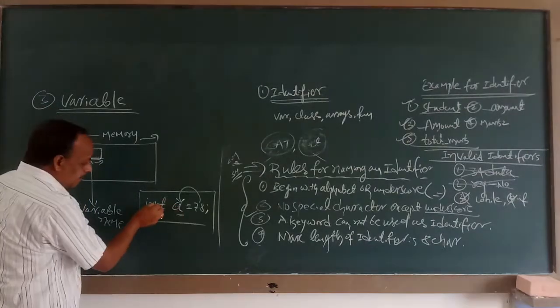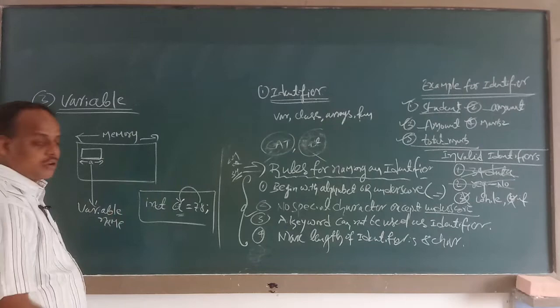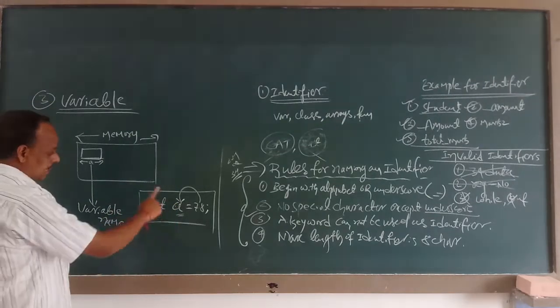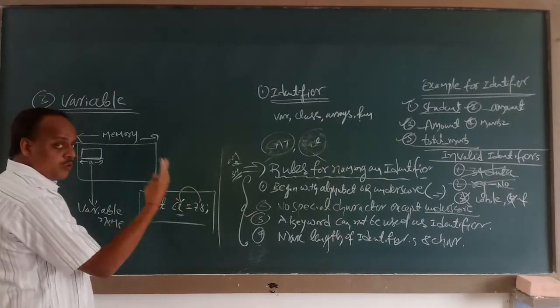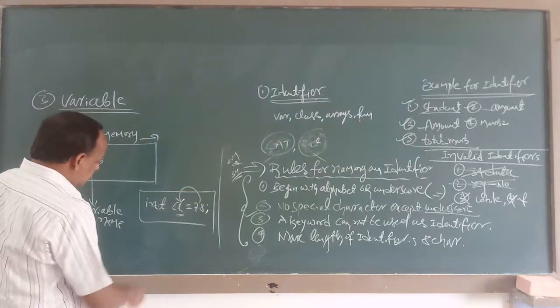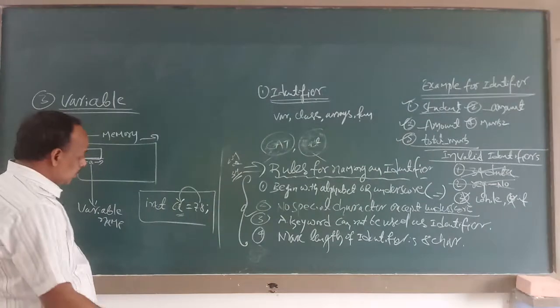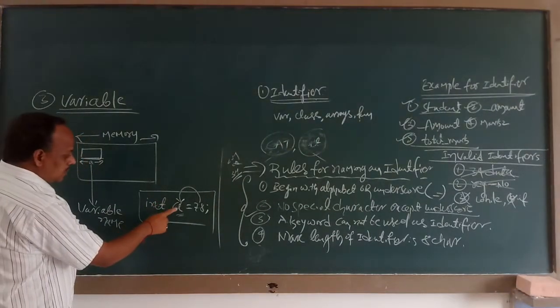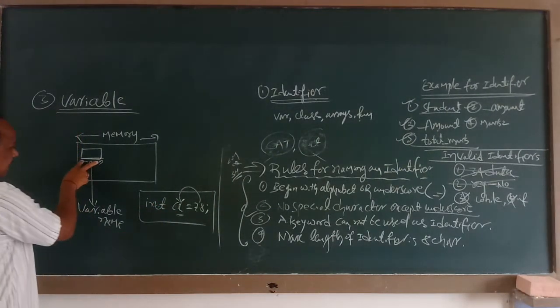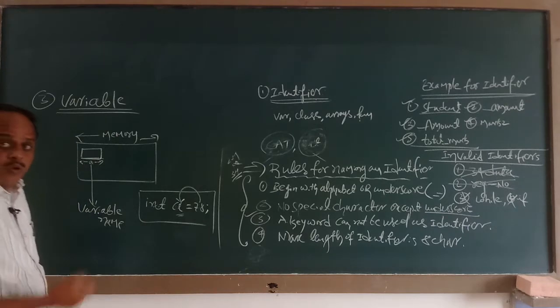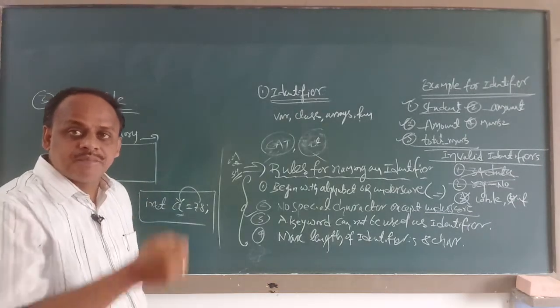Suppose the data type is int, then 2 bytes of memory are allocated for this variable. Suppose the data type is float, then 4 bytes of memory are allocated for this variable. Suppose the data type is char, then 1 byte of memory is allocated for this variable. Now the data type is int, so for variable a, 2 bytes of memory are allocated. So what exactly does variable mean?